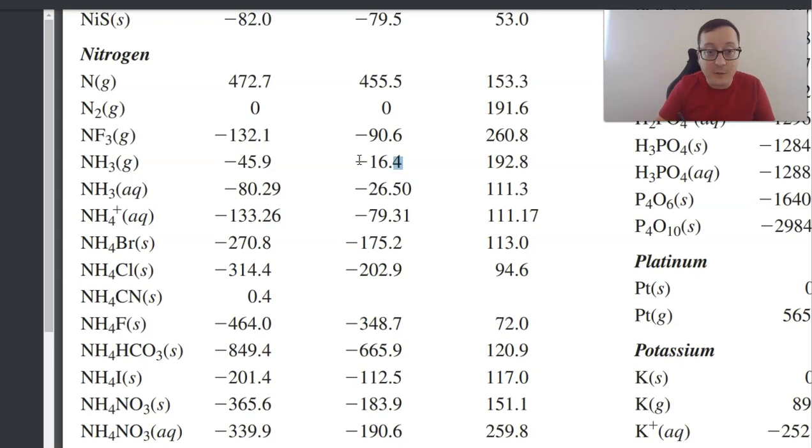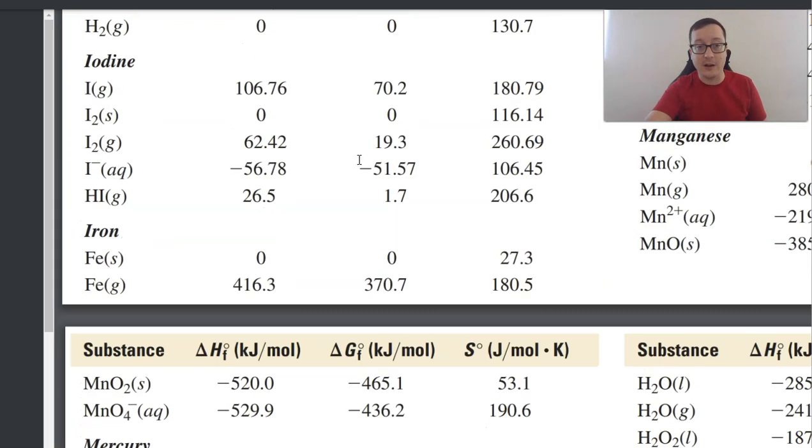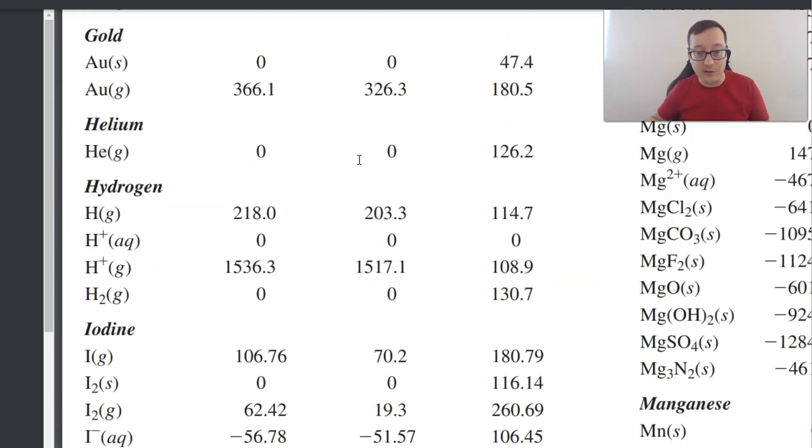And then the S for ammonia, I'm just gathering all the data here, is 192.8. We're going to get all of this data so we can put it all together, and I'll show you how to use both equations. And then for hydrogen, delta S is 130.7.